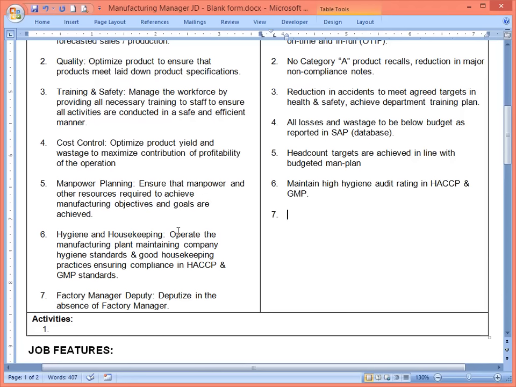Okay, then we're gonna do the last. Easy success indicator. It should just be able to maintain the plant operating requirements during the absence of the factory manager. That's already a success.